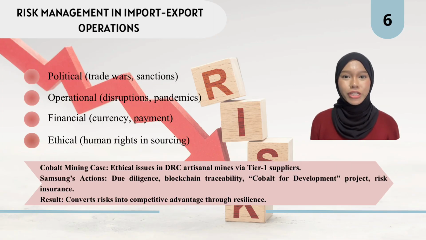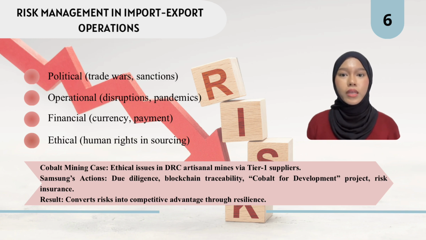In international trade, companies face four main types of risks: political, operational, financial, and ethical risks. Samsung deals with all of them. One interesting example is the ethical issue in cobalt mining in the Democratic Republic of Congo. Although Samsung doesn't mine directly, their Tier 1 suppliers are involved in artisanal mining, which has human rights concerns.